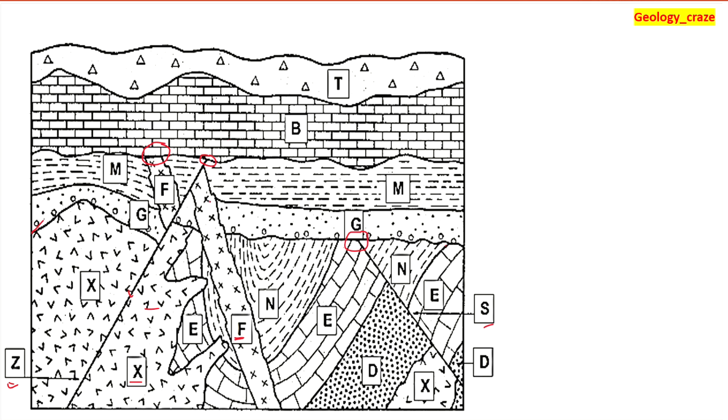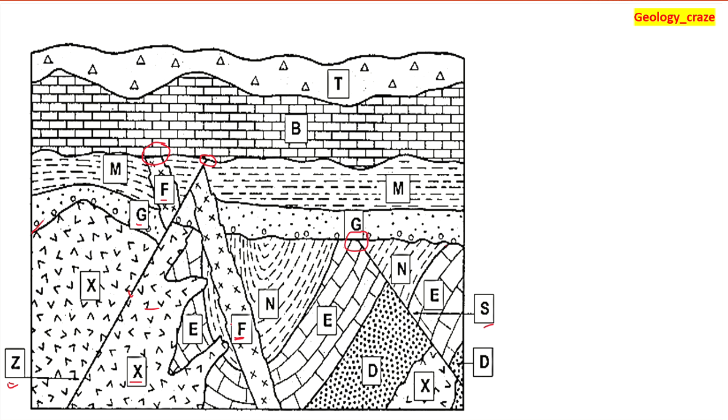The same is for the intrusion F: this fault is older than the intrusion because it cuts and displaces this intrusion. And in between, this intrusion is not extended, meaning it intruded in G, but this one is intruded in G, so it is younger. Up to this much it is clear.